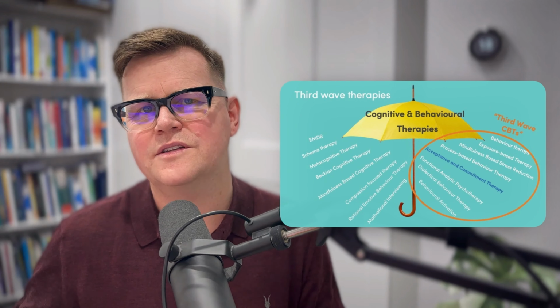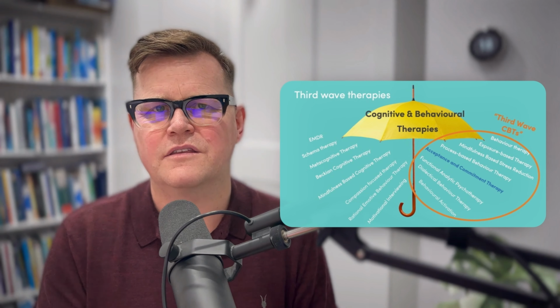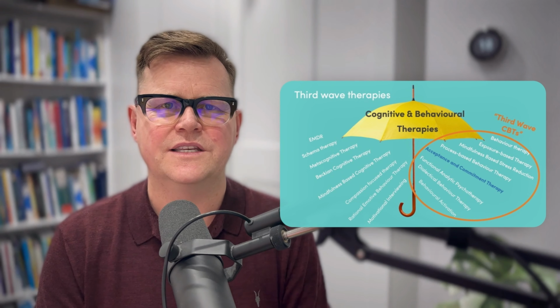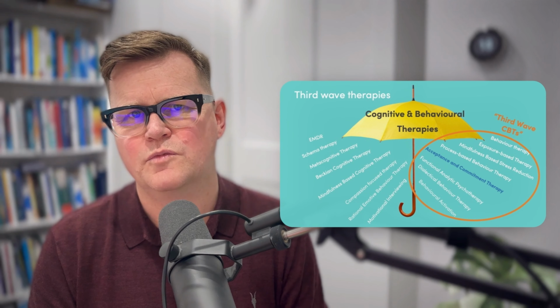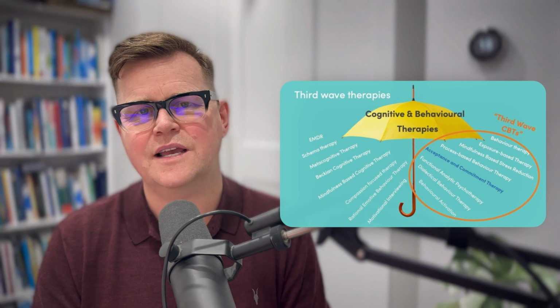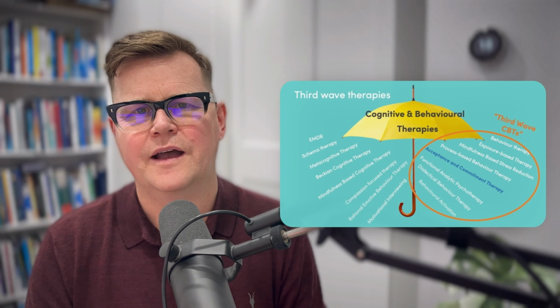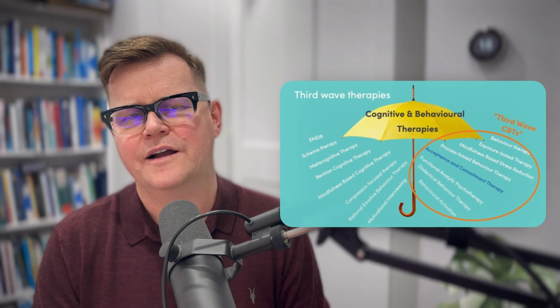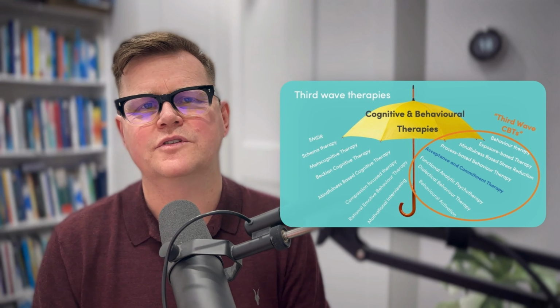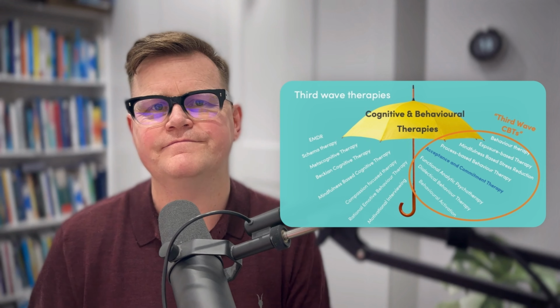But you could say the ones on the right-hand side represent the third wave of CBTs. These are the ones that focus more on processes such as acceptance, mindfulness, present moment work, creating this different relationship to internal experiences.